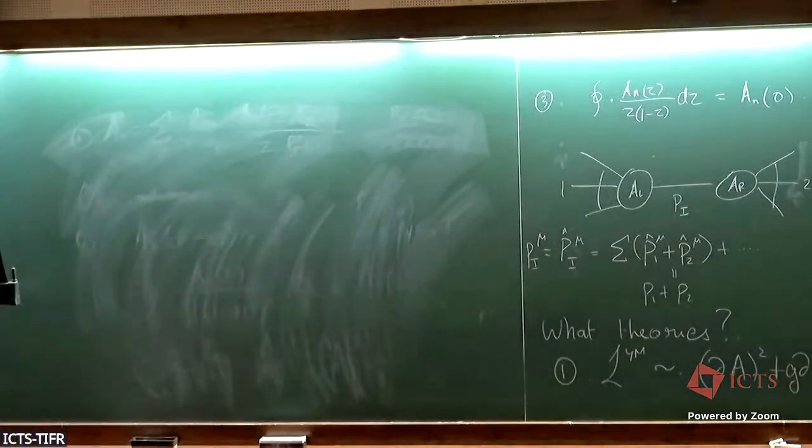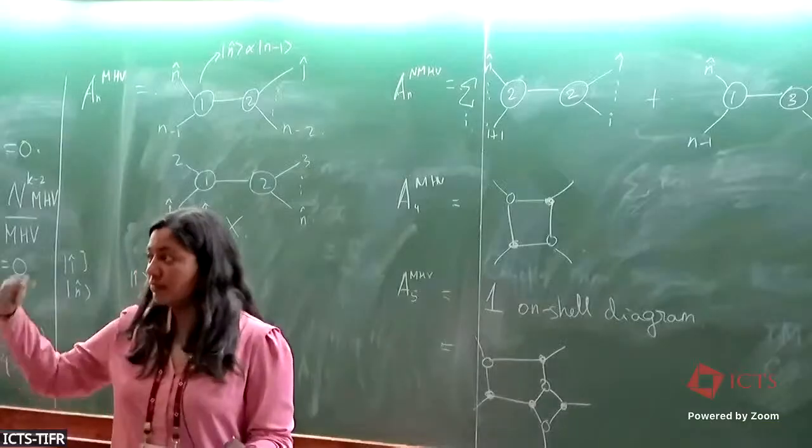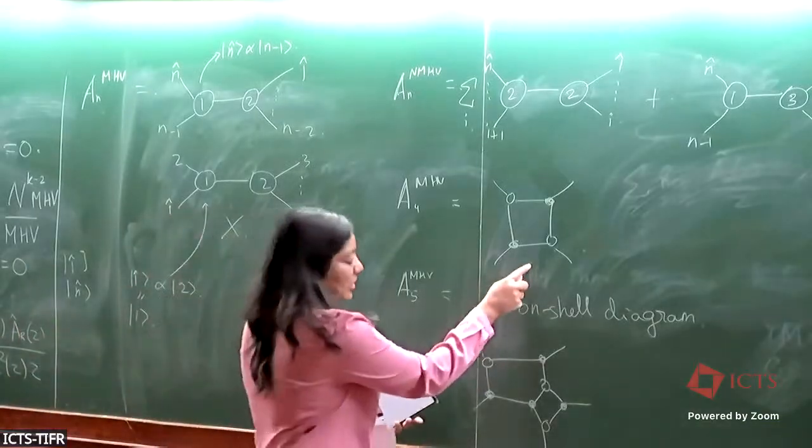Okay. So predictably, an on-shell diagram is a diagram in which all of the legs are on shell. What this means is that if you look at this amplitude over here, it actually has no free parameters. It's not like a loop integral that does have one free momentum.